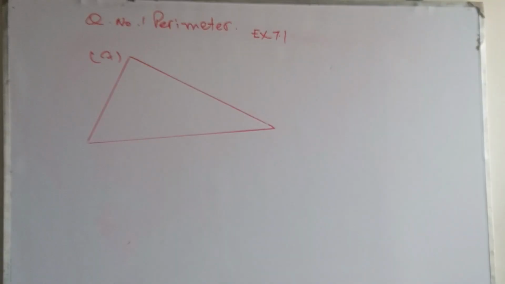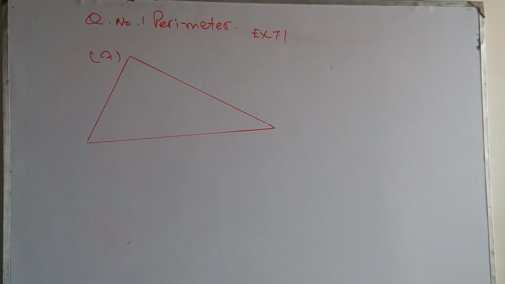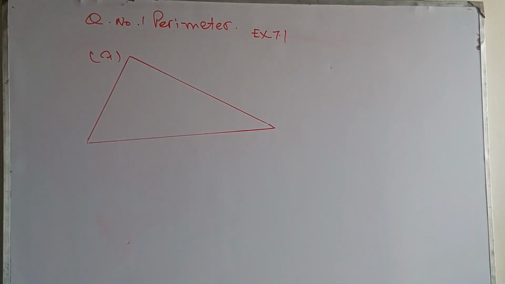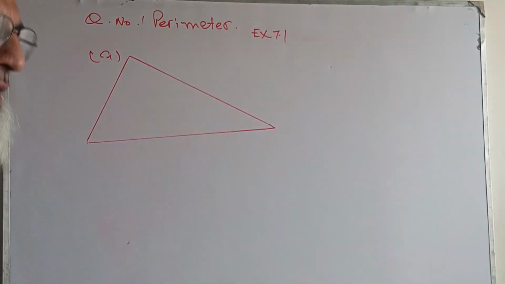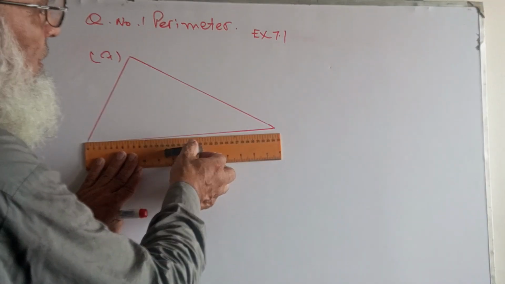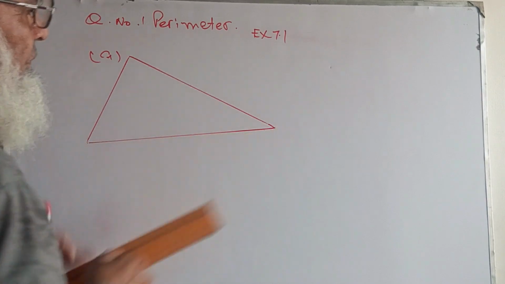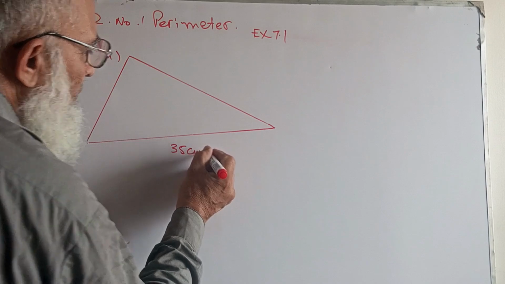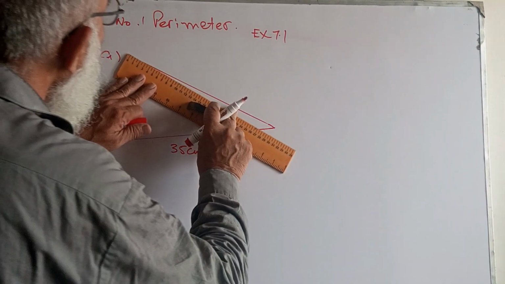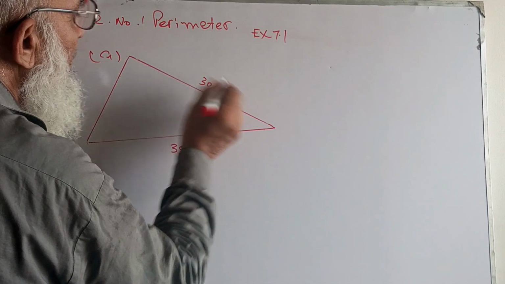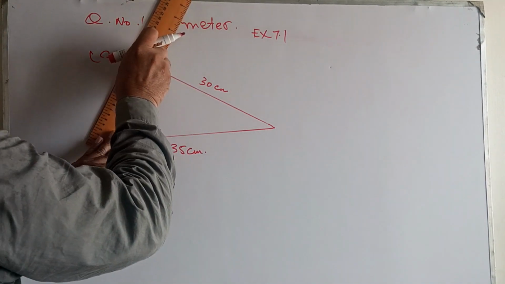Now, since I have reproduced this triangle, I have to find its perimeter. Now, for the perimeter, this is the figure in your book. I have to measure it like this. Now, this is 35 centimeter. Okay. And this is 30 centimeter. And how much is this?